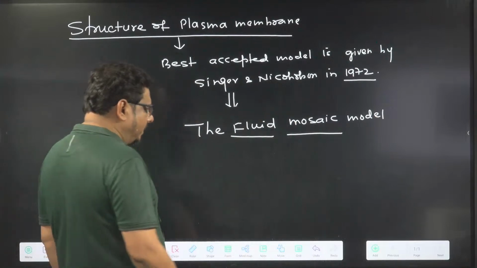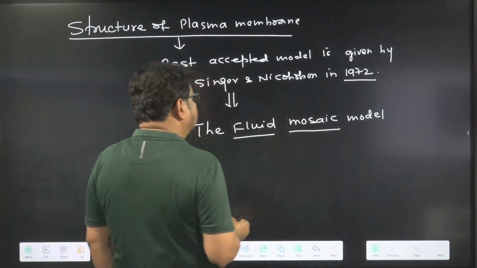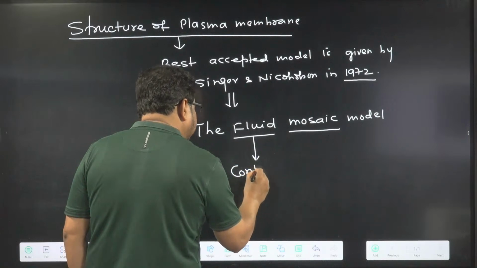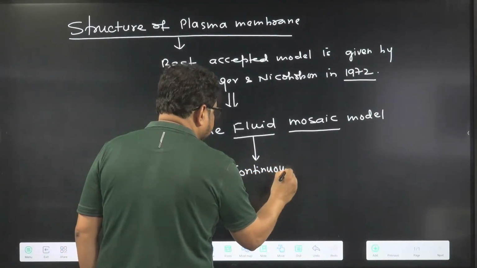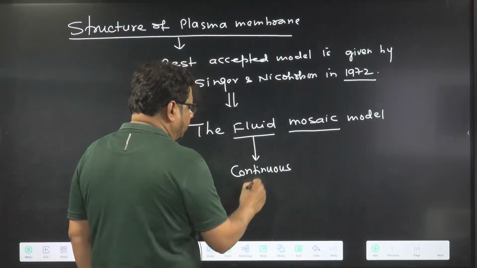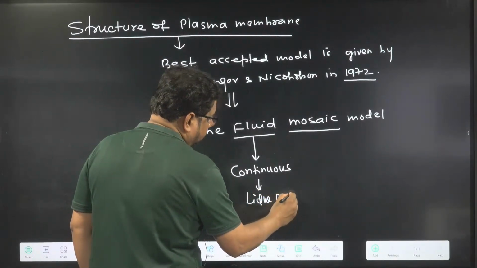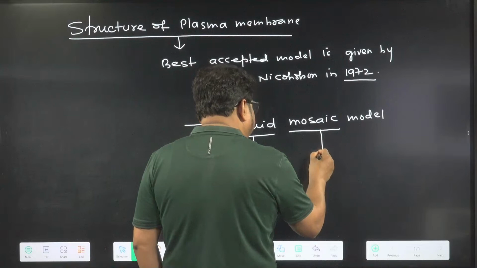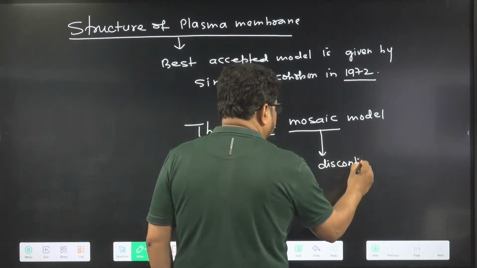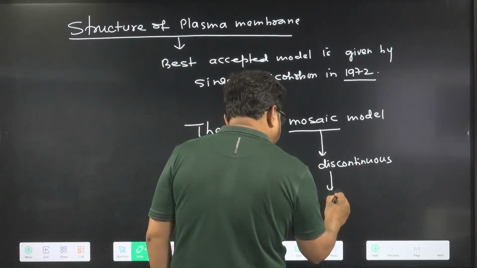Now the question arises, what is the fluid mosaic model? Fluid here represents the continuous part of the plasma membrane, or you can say the liquid part. And mosaic here is the discontinuous part of the plasma membrane, or the solid part.